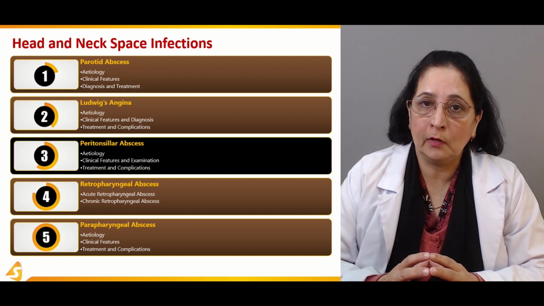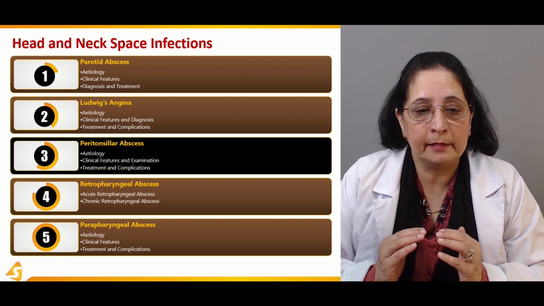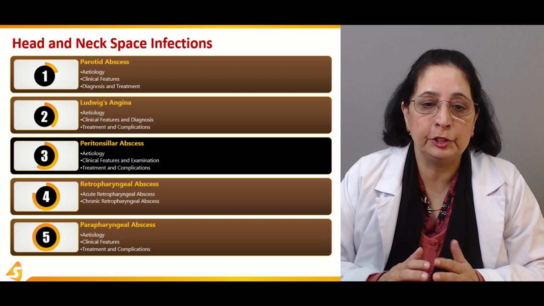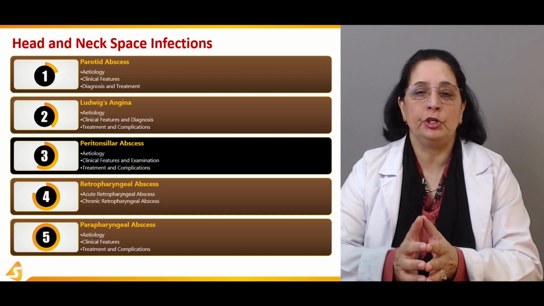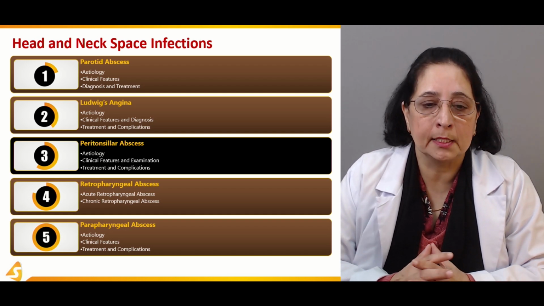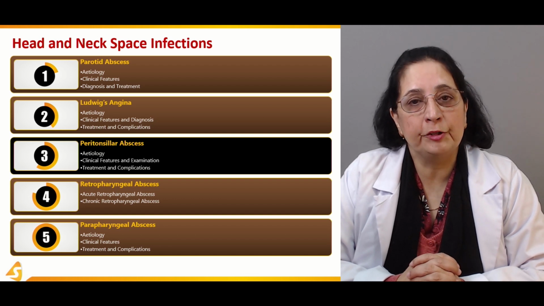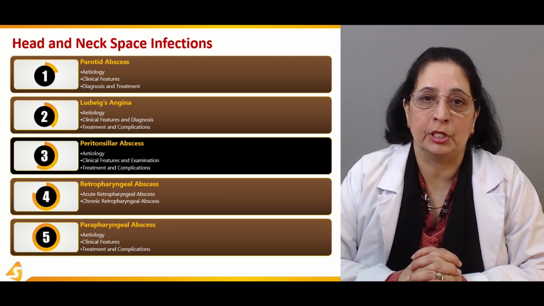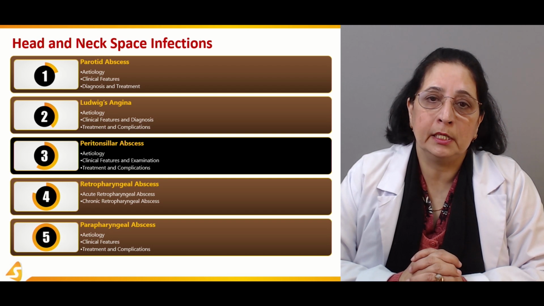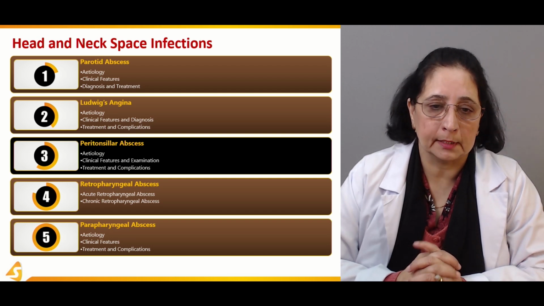So we will discuss the causes of peritonsillar abscess, then the clinical features and examination, and also how we treat it and what are the complications that are associated with peritonsillar abscess.